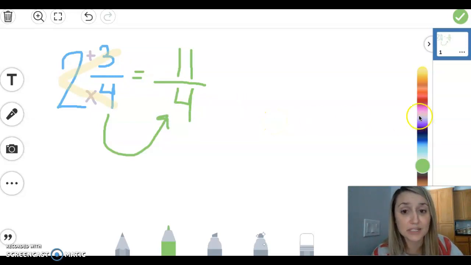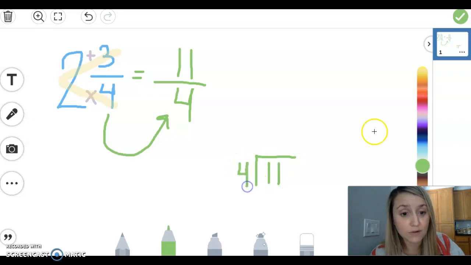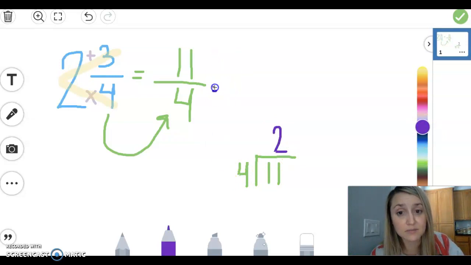So super, super easy. If you wanted to check it, you could do it the way that we did when you do an improper into a mixed number. So you have your 11 divided by 4. 4 goes into 11 2 times, so that would be our whole number. 4 times 2 is 8.